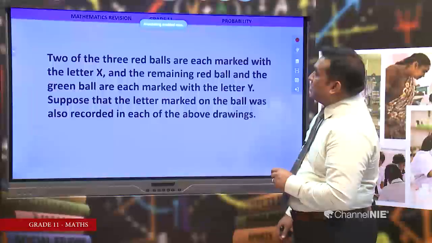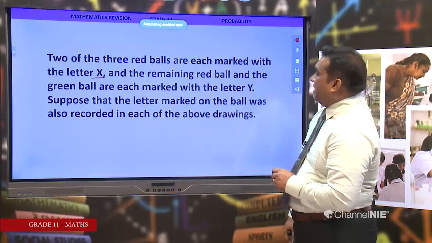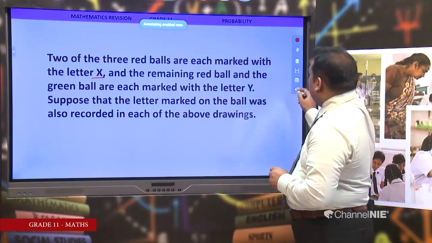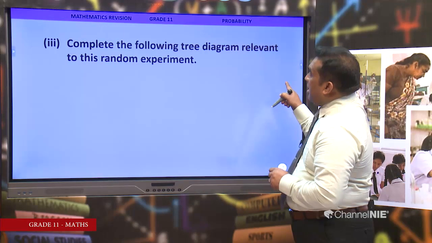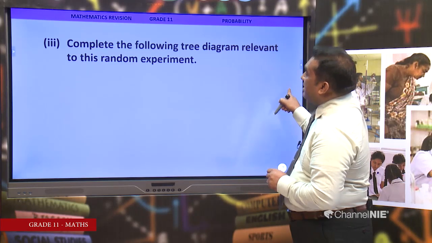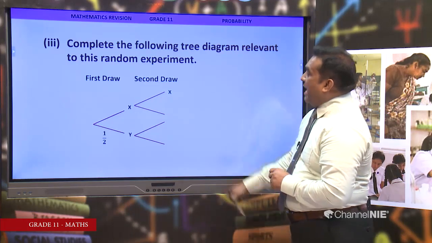Now there are 2 sets, letter X and letter Y. We'll see in the diagram. Complete the following tree diagram relevant to this random experiment. Here the first row and the second row.